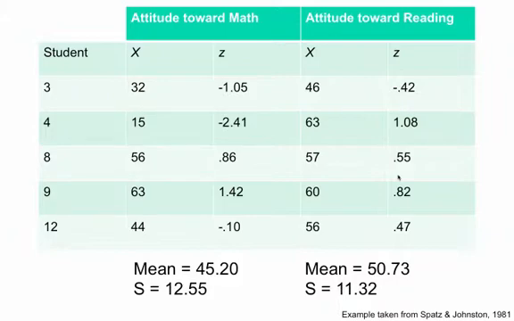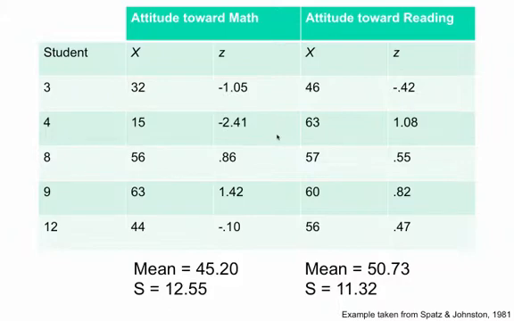However, relative to the total group, when we look at the z-scores, we see that the student's attitude toward arithmetic is more positive, 0.86, than his or her attitude toward reading, with a z-score of 0.55. So again, the z-scores can be compared, the raw scores cannot. Of course, the exception would be when the means and standard deviations of both distributions are identical, then you could make that comparison, but that's obviously very rare.